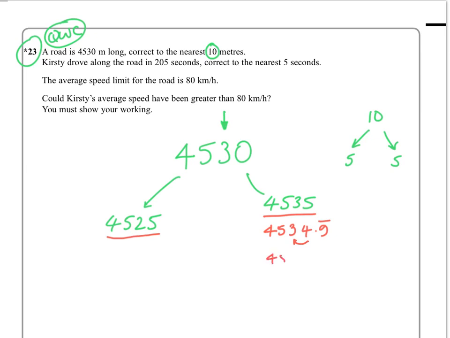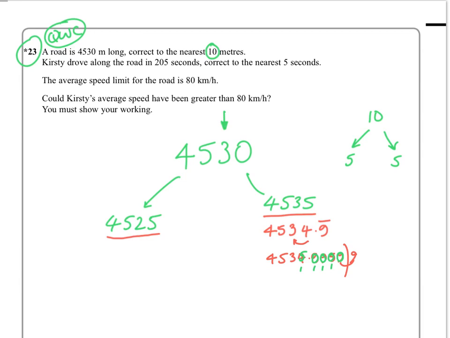But if you looked at 4,534.9 recurring, wherever you stop rounding your 9s, say here, this 9 here would make this a 10, and you can't fit the 10 in, so you'd carry, and you'd keep going.